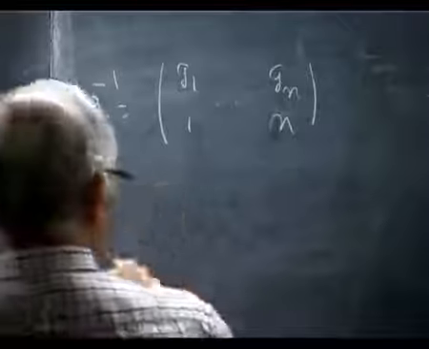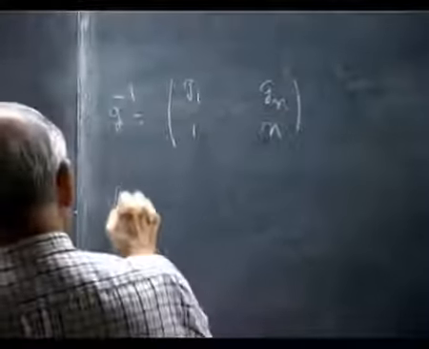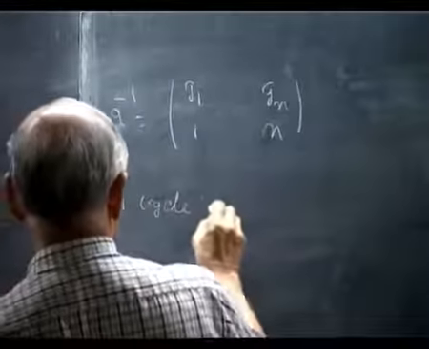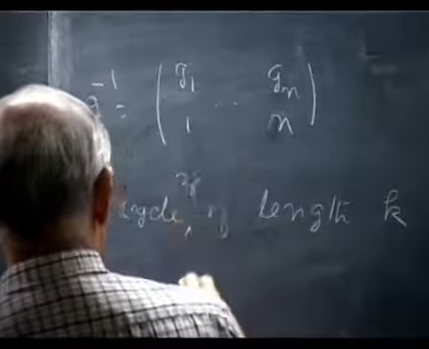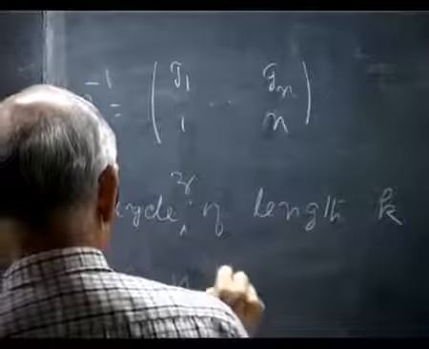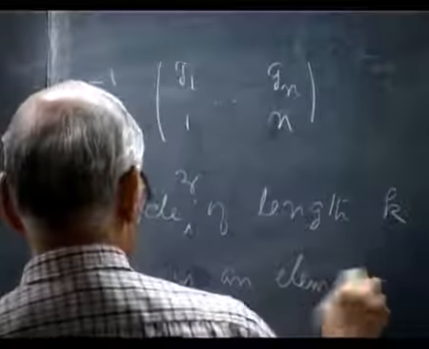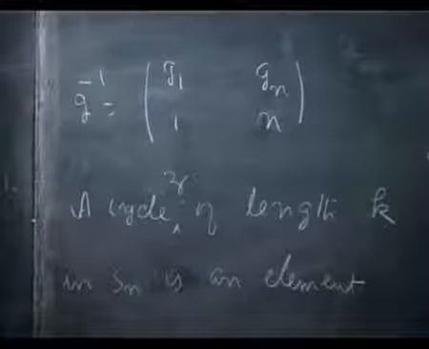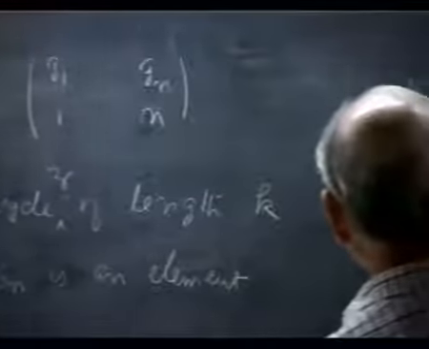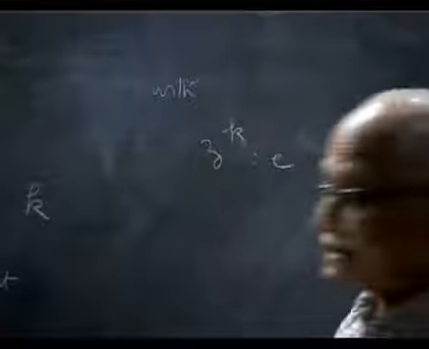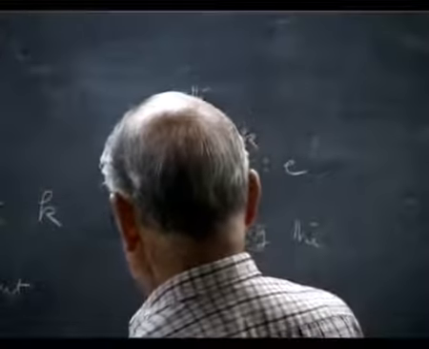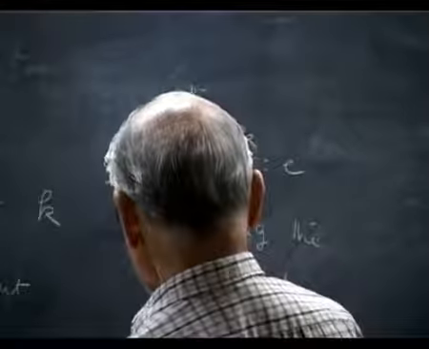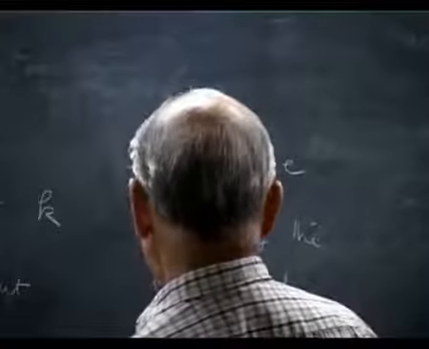A cycle of length k, a cycle Z, is an element with Z to the k equal to identity, and k is the least such positive integer.